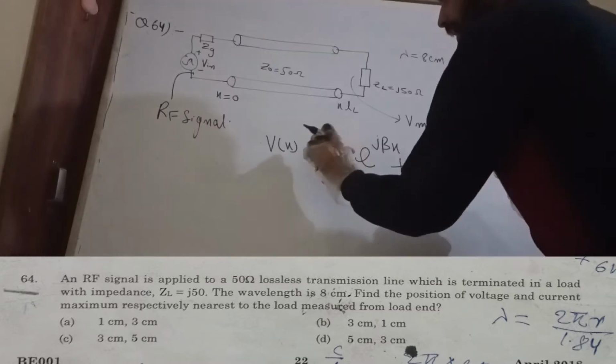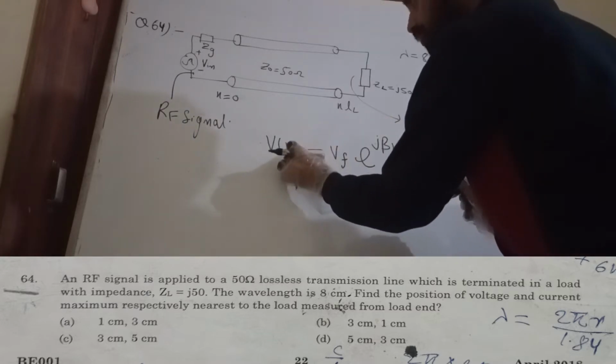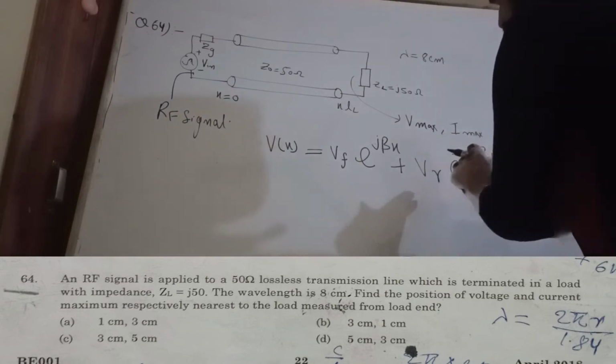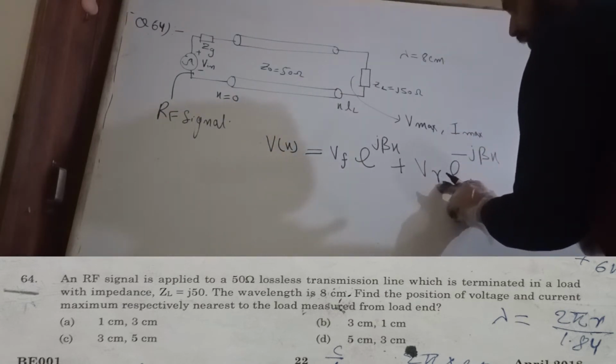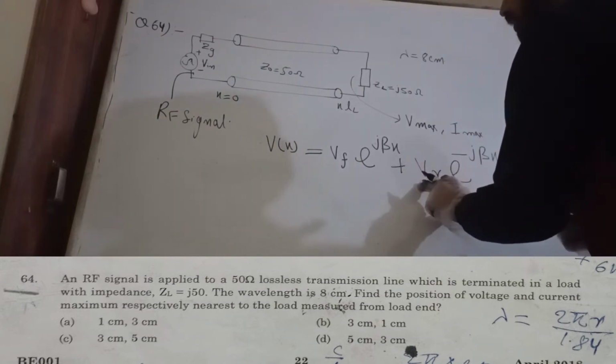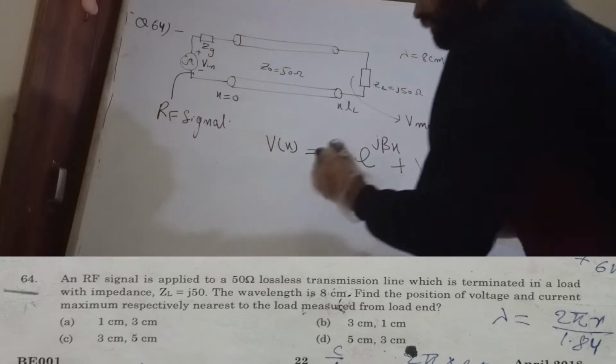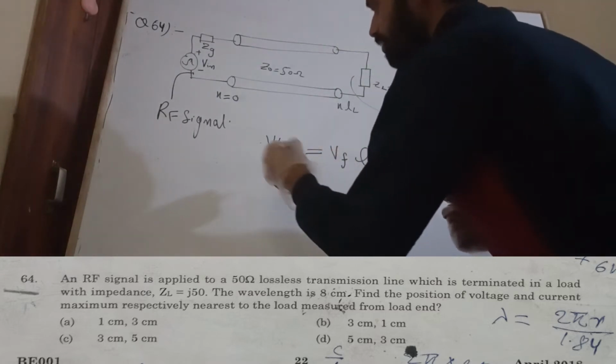Now, as a function of distance x, we want to find this reverse voltage, the voltage reflected from the load, in terms of Vf. We can do that with the reflection coefficient.